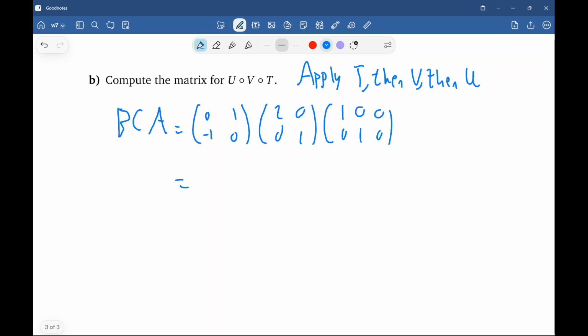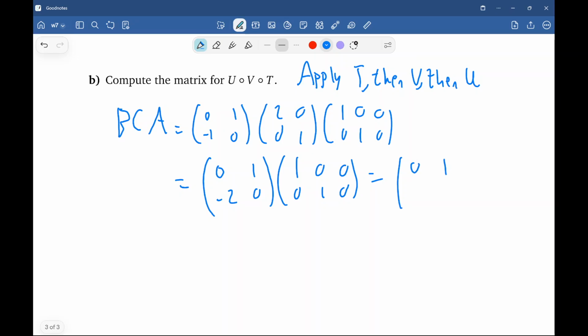So I'm going to do the left two first. That's going to be 0, 1, negative 2, 0. And then the product is 0, negative 2, 0, 0. Okay, and so that's our final answer.